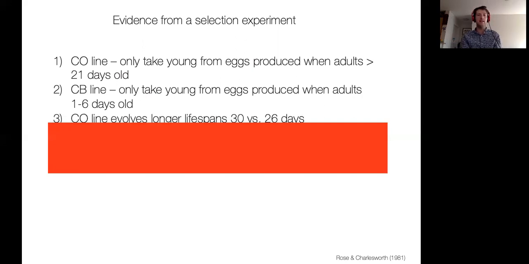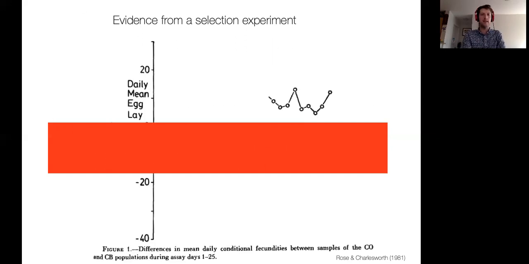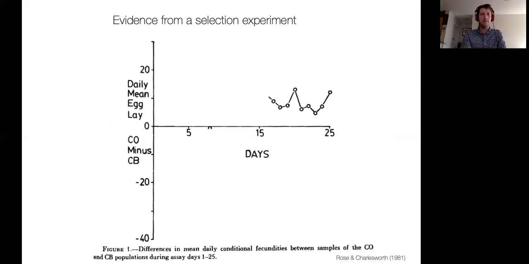Well, it turns out that this had consequences. The CO line evolved longer lifespans of 30 versus 26 days, and moreover, this had strong consequences for life history traits in these fruit flies. This plot shows time on the x-axis, how old the fruit flies are, and on the y-axis, the number of eggs of the CO, the old line, minus the CB, the baby line, for each day.